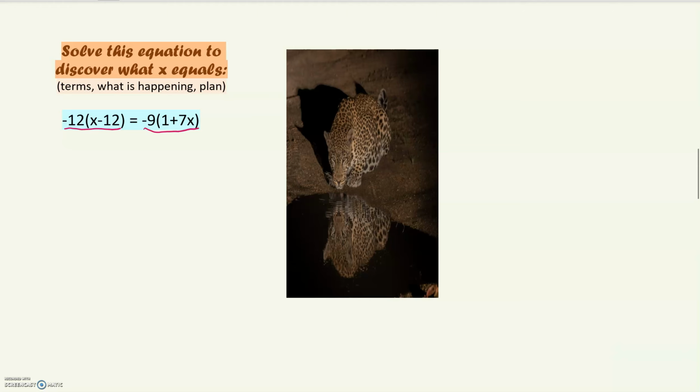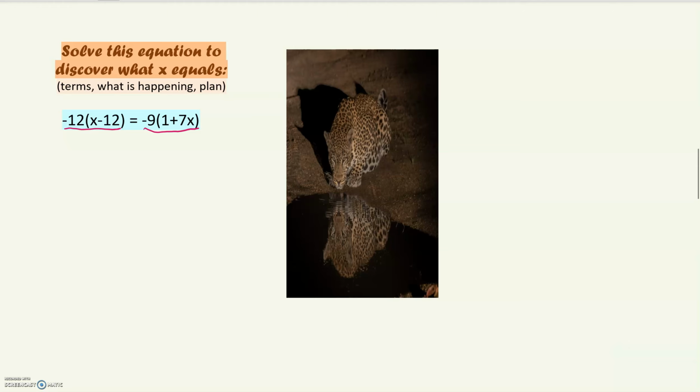Now, these are their own terms because nothing is separating them except parentheses. And we know that parentheses means multiplication. So the first thing we're going to do on both of these is distribute that number in front of the quantities to each term, there's that word again, inside the parentheses.